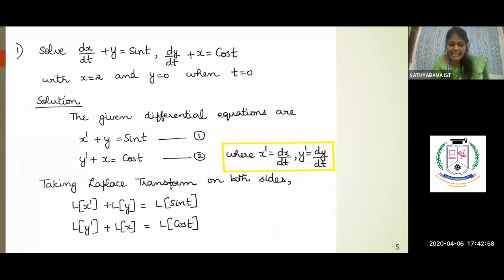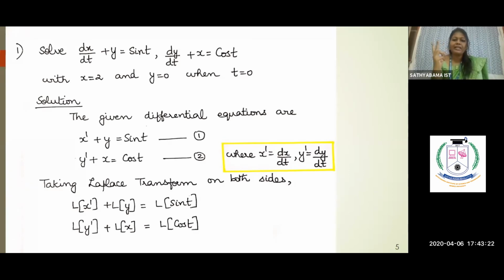L of x dash plus L of y equal to L of sine t. Similarly, in the second equation, L of y dash plus L of x is equal to L of cos t. I've simply applied Laplace transform on both sides and I've applied linear property, obviously. Only when you apply linear property, you can take the L inside.